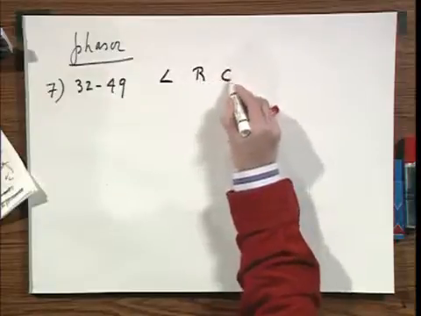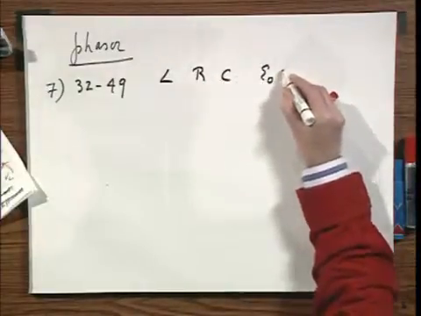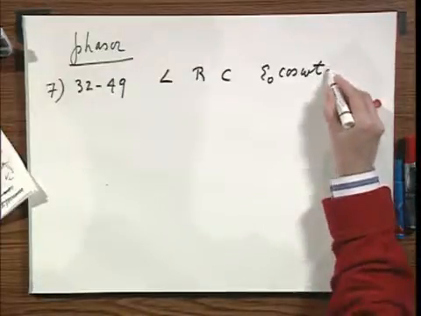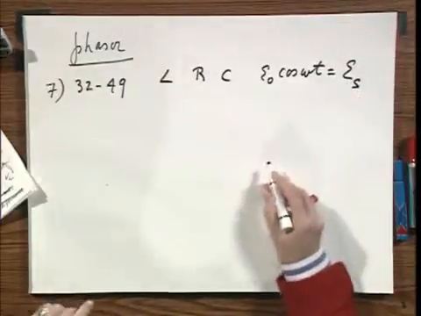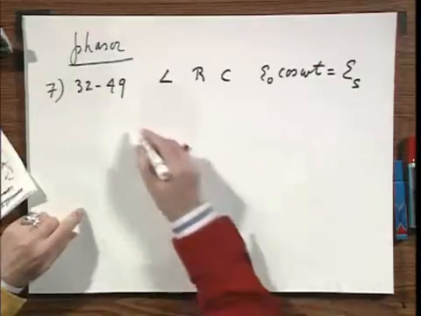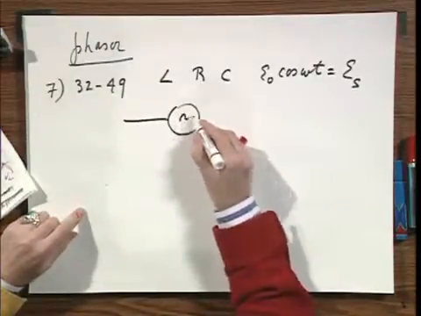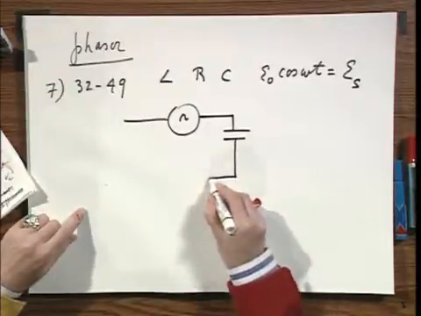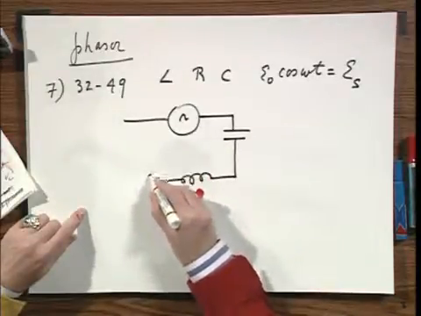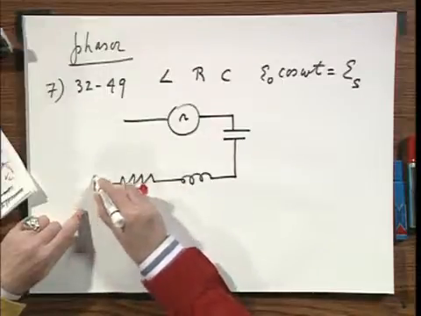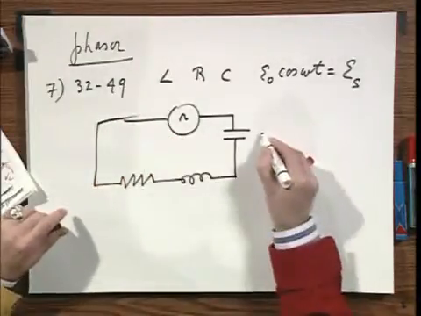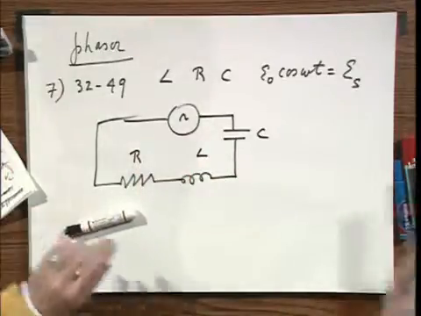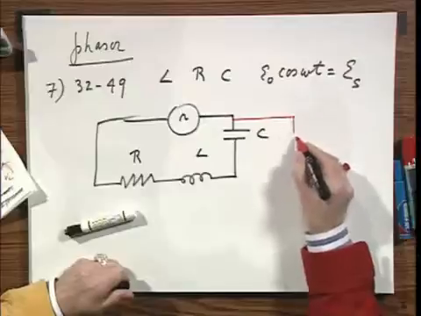L, R, C. And we have an alternating voltage source, E0 cosine omega t, and I think it's called E of S. And again, getting boring, I keep drawing the same circuit, C, L, R. I'm going to put a voltmeter over here.